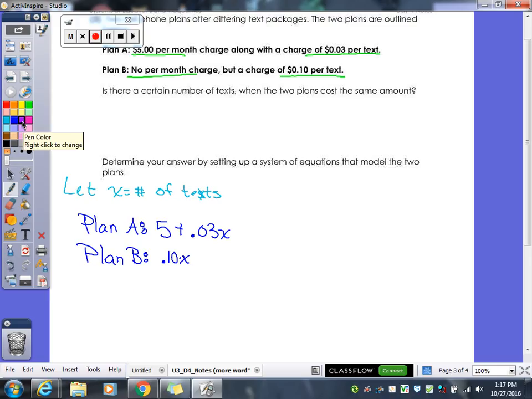We are looking for when they cost the same amount. So what was my equation going to look like? Their costs the same. I need to set them what? Equal to each other. So plan A, we got to see when it equals plan B. So in order to solve this, I'm going to subtract my 0.03x.